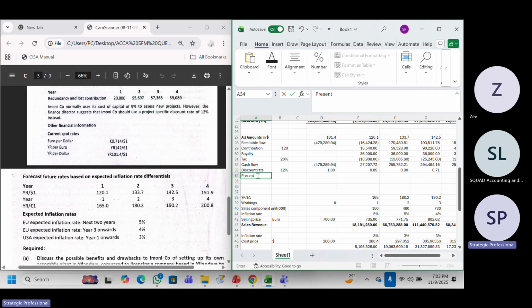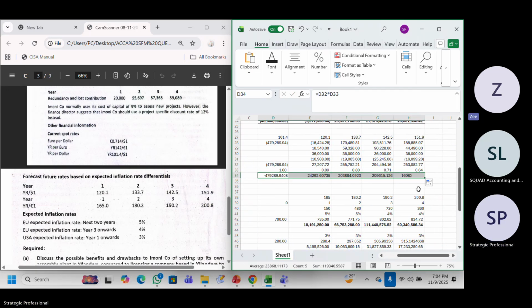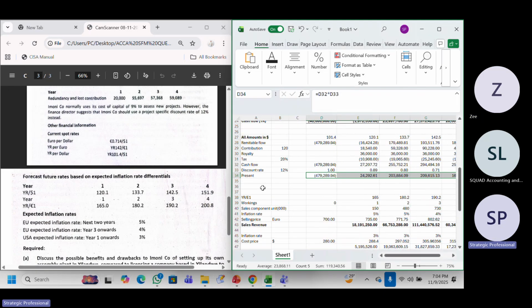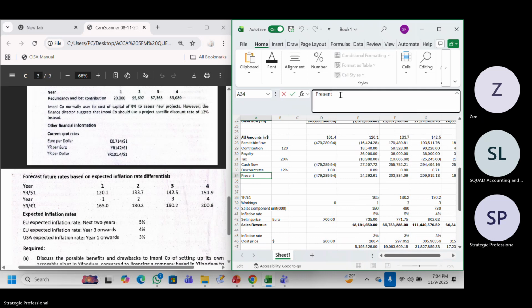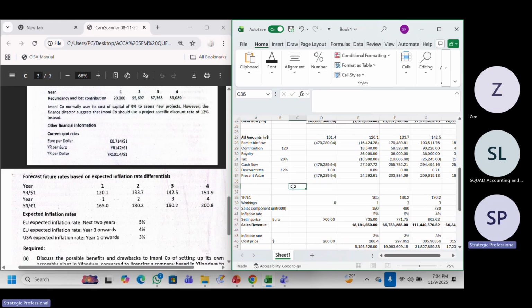So we've gotten the present value, right? So you know the normal way now. The present value is the multiplication now. So this multiplied by this, right? We have this here. And what's the NPV?